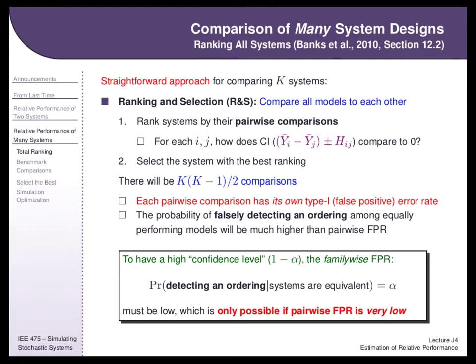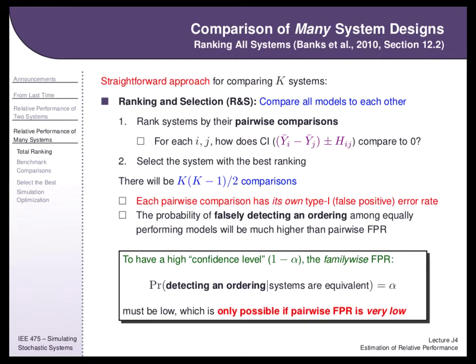And so it's possible that all of your systems are equivalent, but you're going to get a couple of detections. You are going to detect a difference of one system from another, and you will just come up with a fictitious ordering. And so this is what we call the family-wise error rate, and I've already talked about this a couple of times. There is a family-wise error rate on this ranking problem.